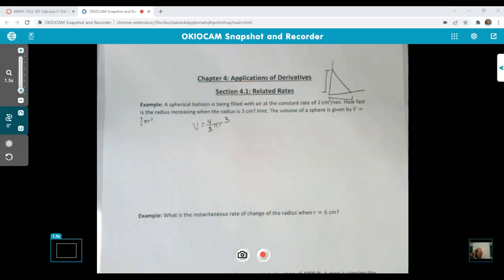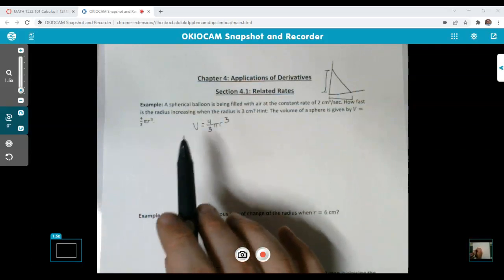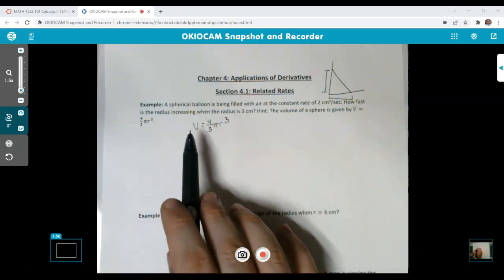Okay, so think about what is being changed here. As I blow in the air, I'm changing the volume, right? As I'm increasing that, as it's blowing up, it's going to grow and grow and grow, right?